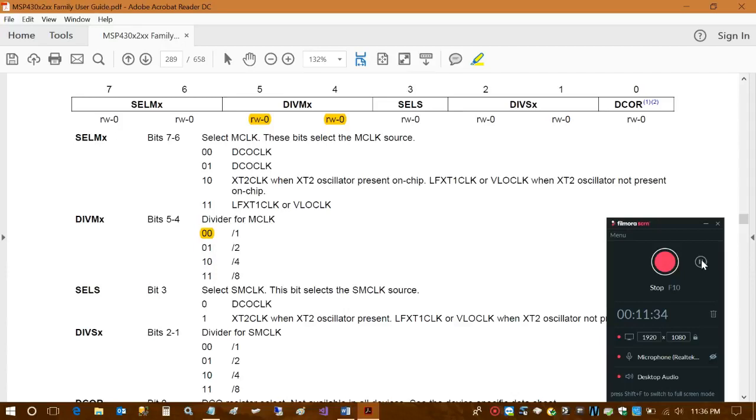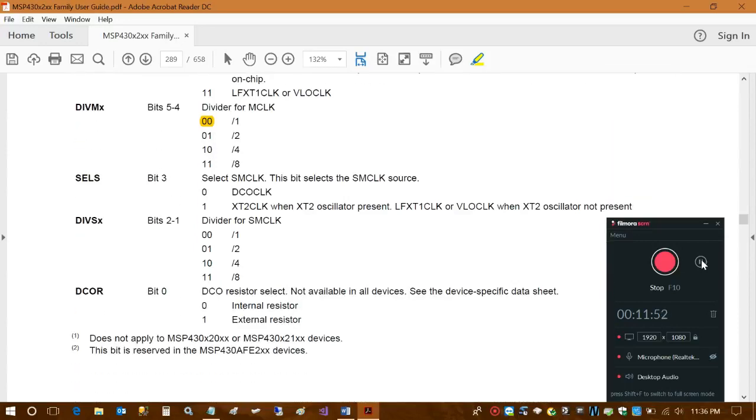And DIVSx is nothing but a prescaler for your SMCLK. Usually in all our projects we will be running the SMCLK at half, and MCLK at the normal clock. The DCOR is an important thing, that is DCO resistor select.